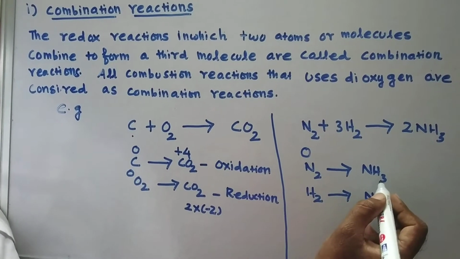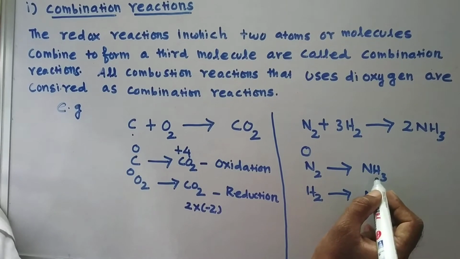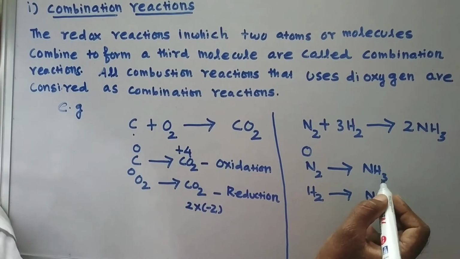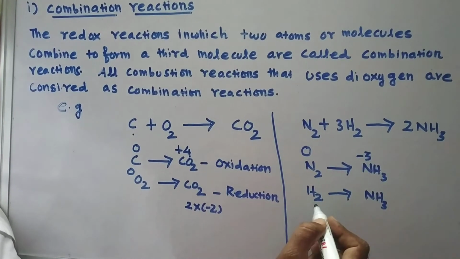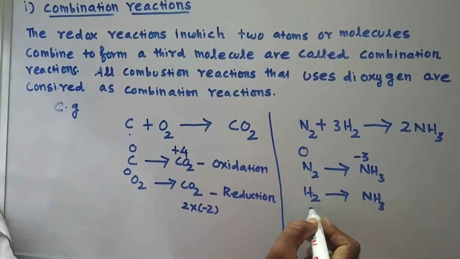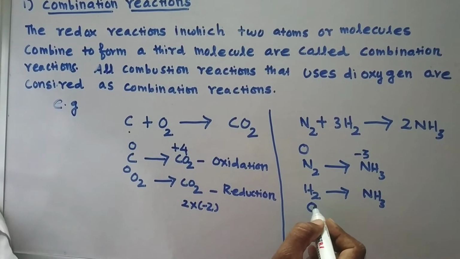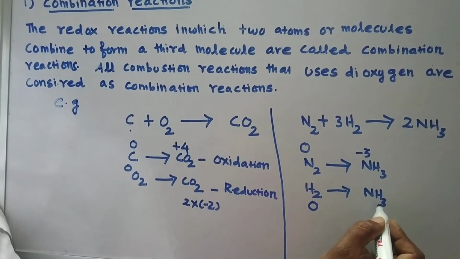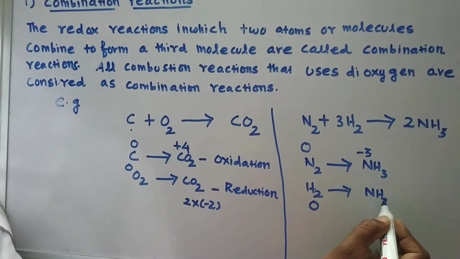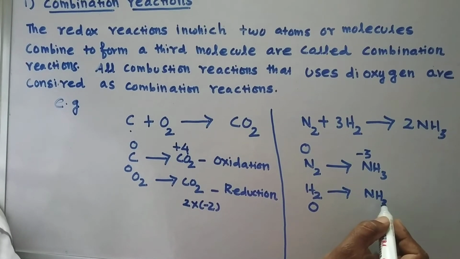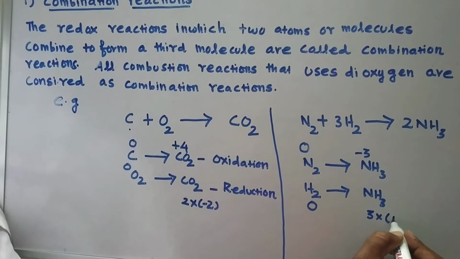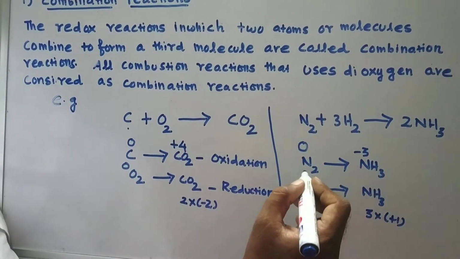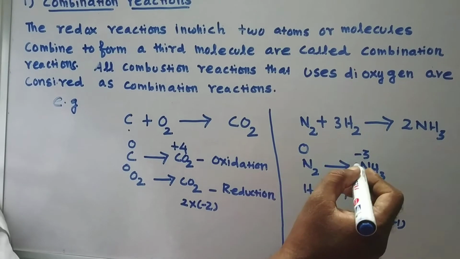But in NH3, it gains 3 electrons from the 3 hydrogen atoms. As a result, it acquires the state of -3. Here, hydrogen is present in the molecular state, therefore its oxidation number is equal to 0. But in the ammonia molecule, each hydrogen atom donates 1 electron, therefore 3 into +1.